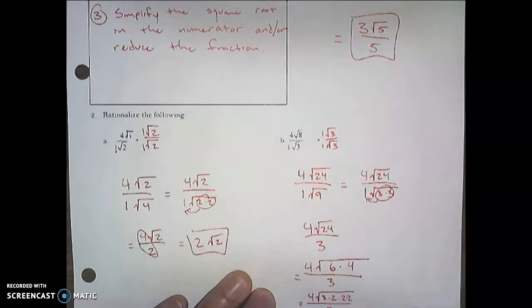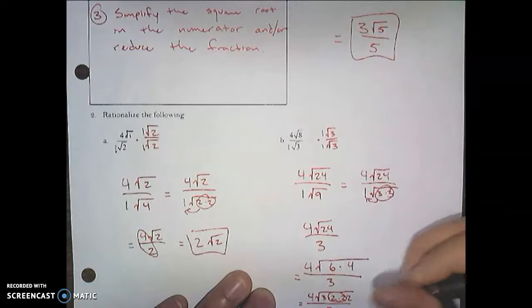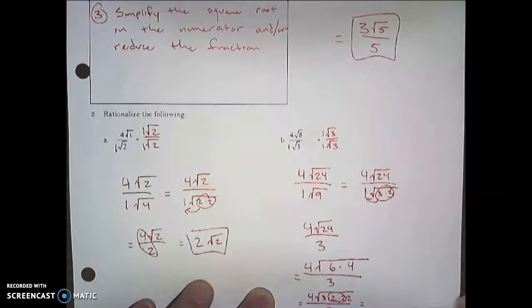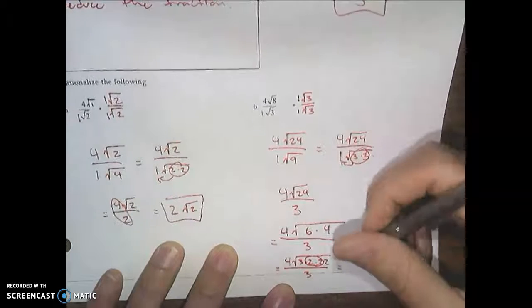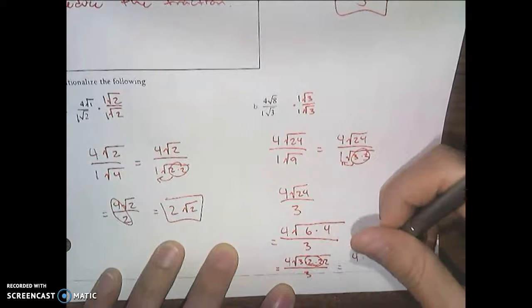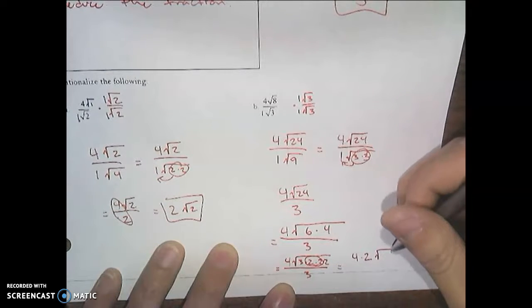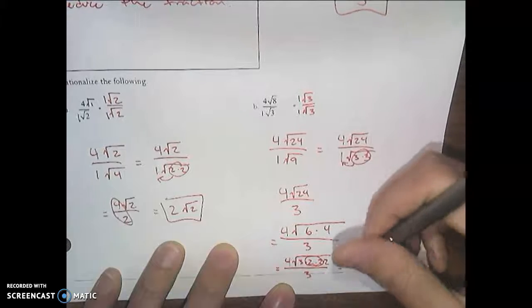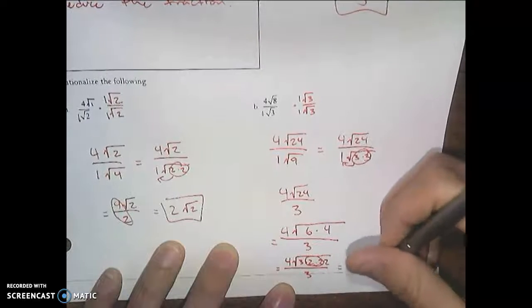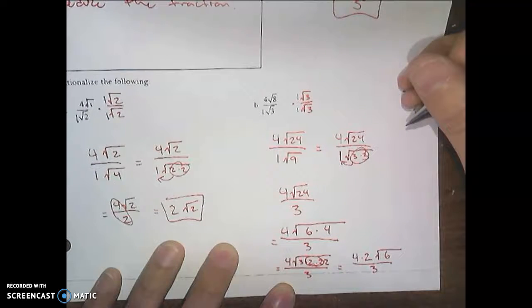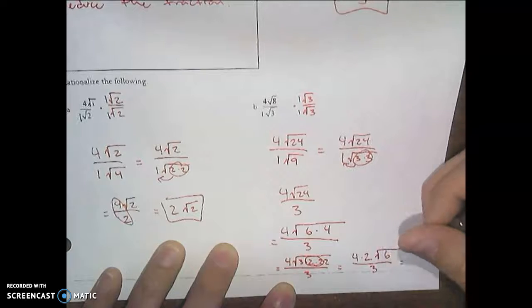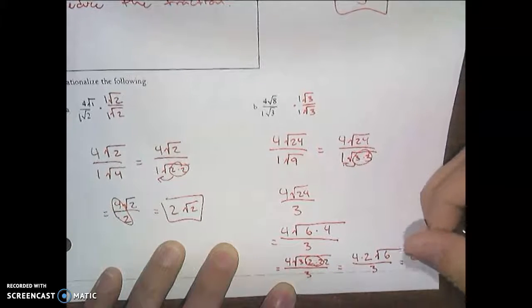All right, do we have any pairs? Yep, I see a pair right here. We can pull that out. So this is equal to 4 times, we pull out that pair of 2's, 2. And then what's left inside? We have just a 3 times 2, so that's our root 6. And that's all over 3. And then the last step, we have 4 times 2 gives us 8 root 6 over 3.